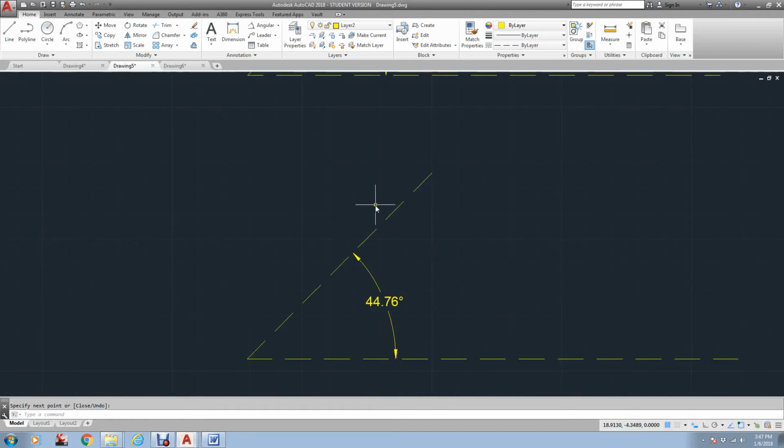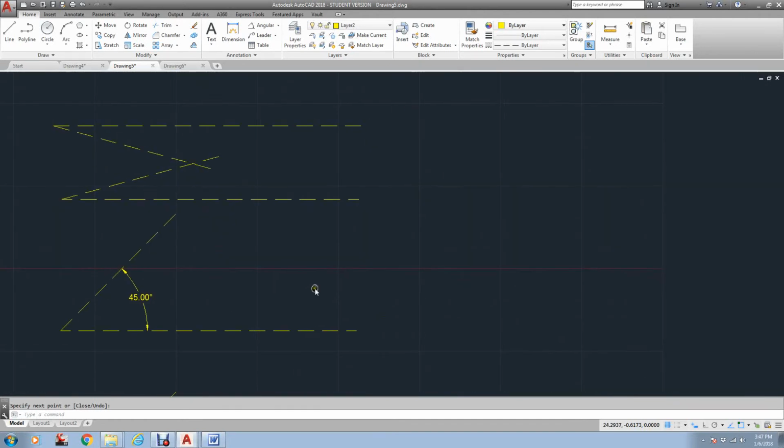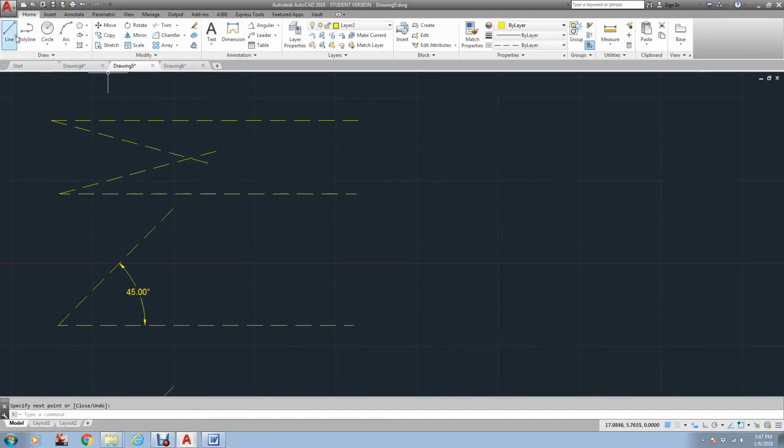Now you've probably noticed that when I've drawn some of these lines, I'm going to go 5, shift, less than, and well, actually let me take that back. Let me do this line, and you can see how I've got the tracking going, showing that that's 40 degrees.